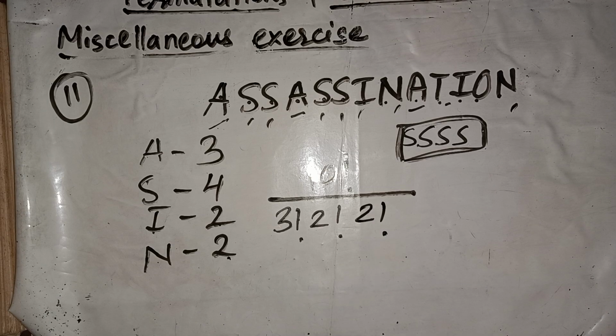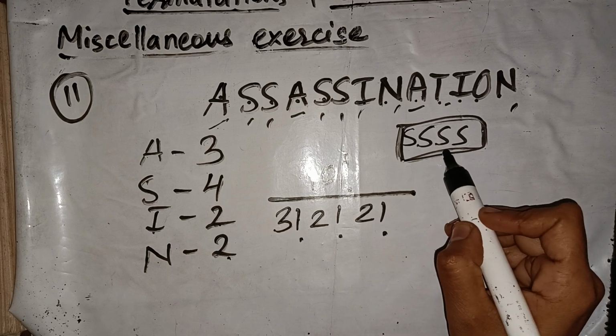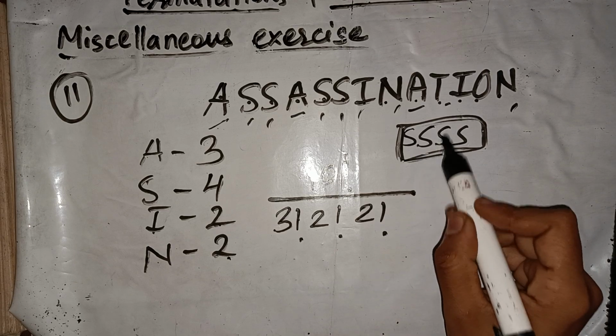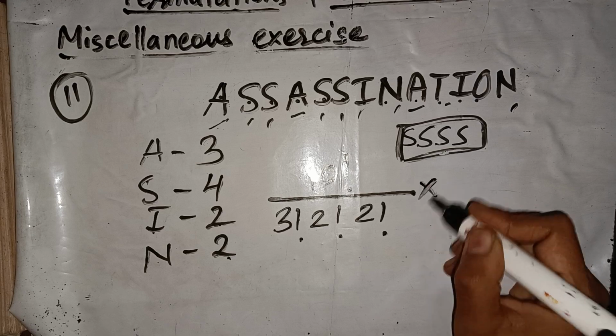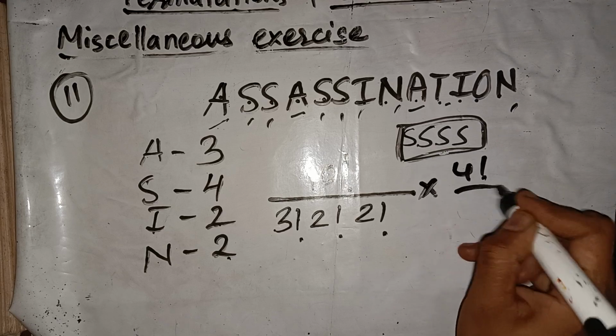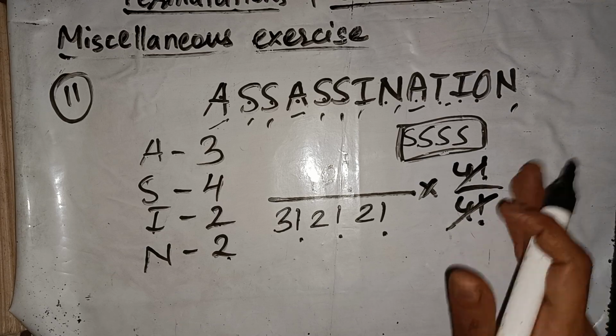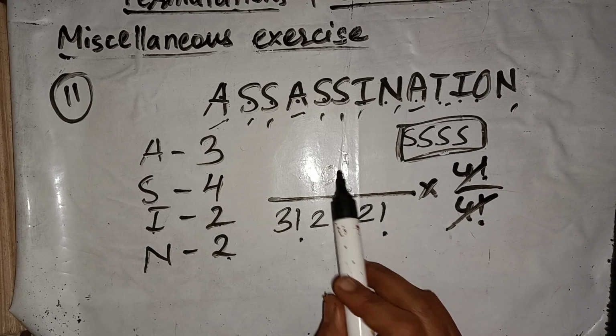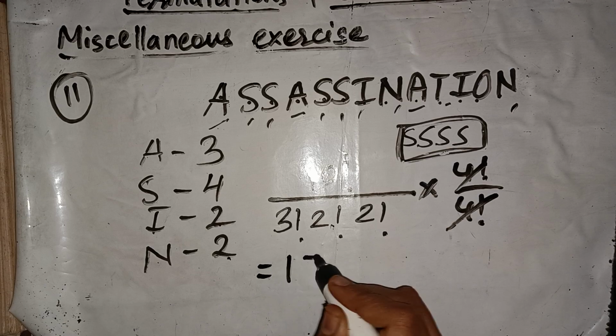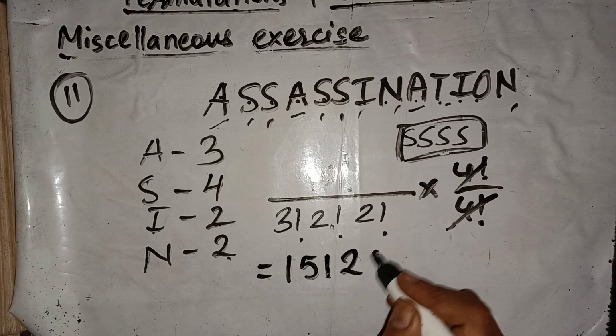Correct? And we also have to take the rearranging of the S, so it will be 4 factorial upon 4 factorial. So this comes to 1. So no need to take that. We have to calculate this, and this comes around 151200.